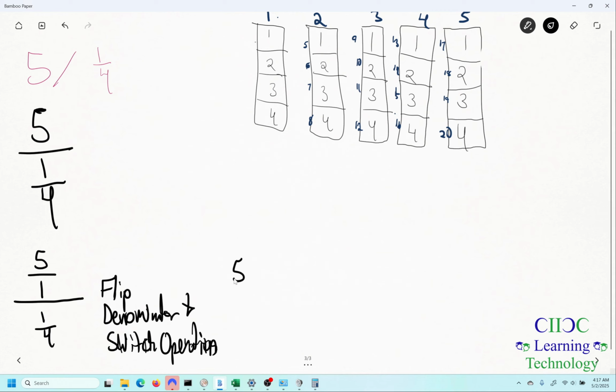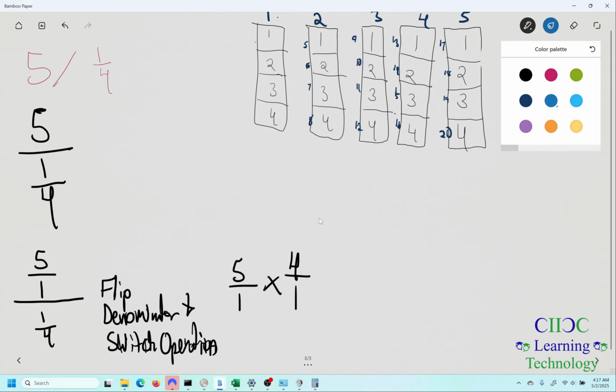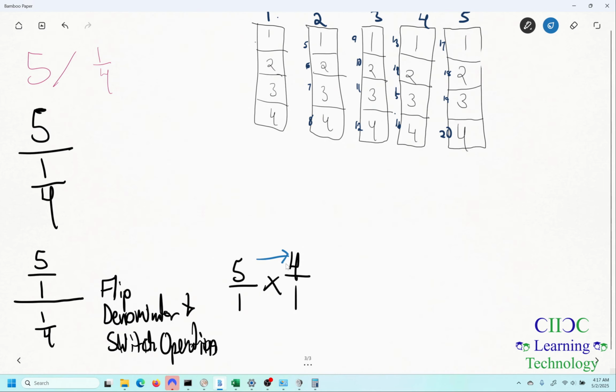So 5 over 1, instead of dividing we now have multiplication, and instead of 1 over 4, we flip and it's 4 over 1. Because this is multiplication, we go straight across the top and straight across the bottom. So we end up with 20 over 1, which is simply 20.